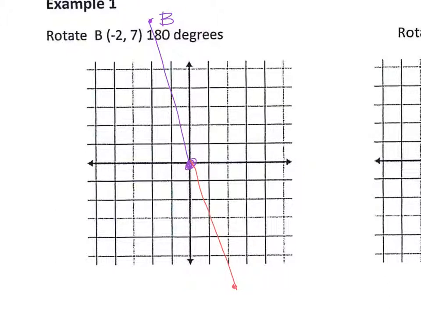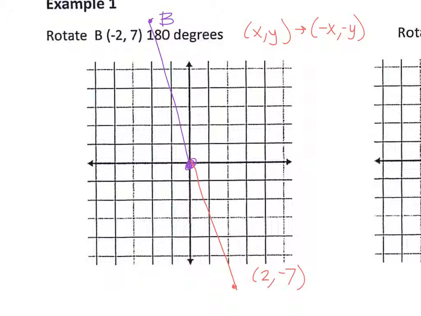So B prime is going to be 2, negative 7. So the x and the y are both opposite signs. So if you rotate something 180 degrees, x, y is going to turn into opposite x, opposite y.